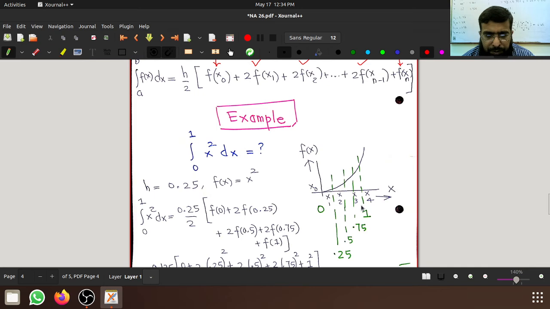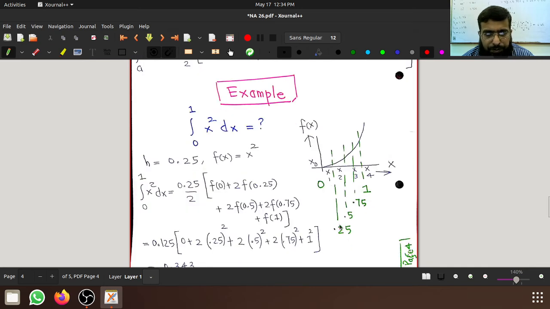So we divided it into sub intervals: 0.25, 0.5, 0.75. You can divide it into 8 sub intervals, but that will of course increase the volume of work, though your answer would be closer to the desired answer. So h would be 0.25 because the width of all intervals is 0.25. You can divide into 2 intervals, 4 intervals, or even 8 intervals.